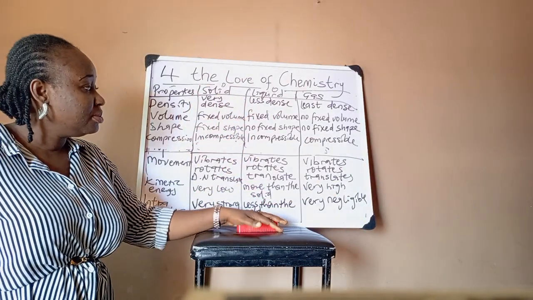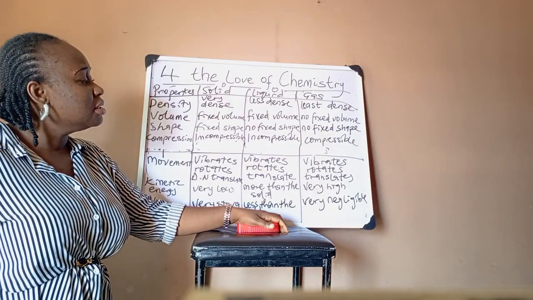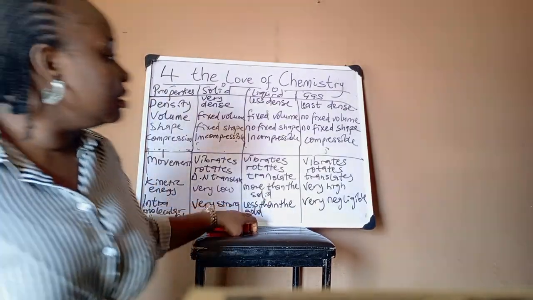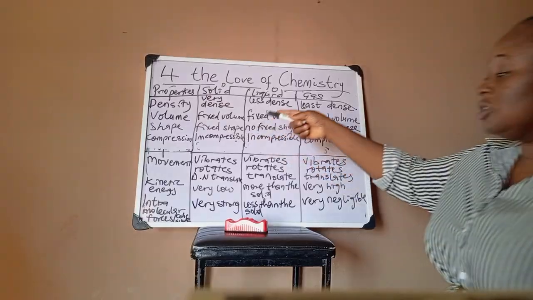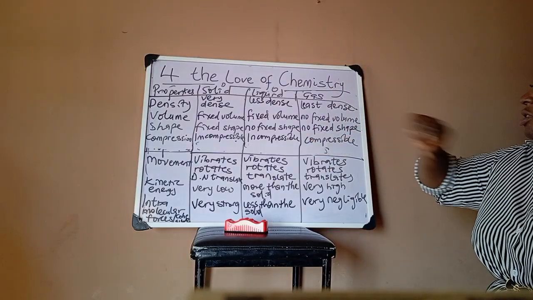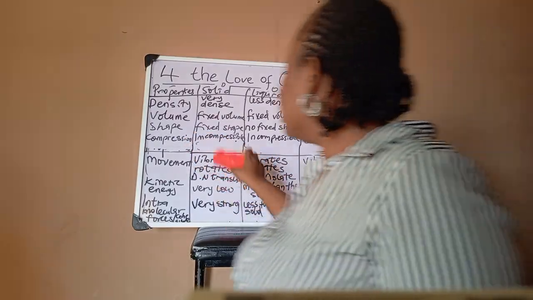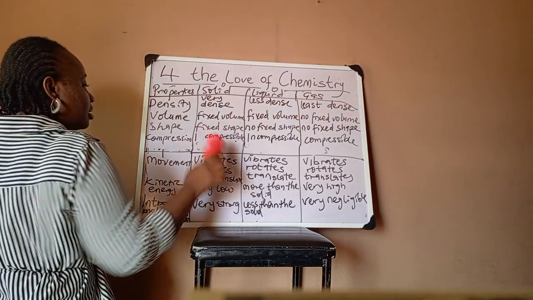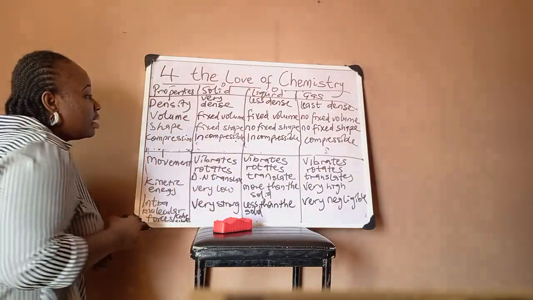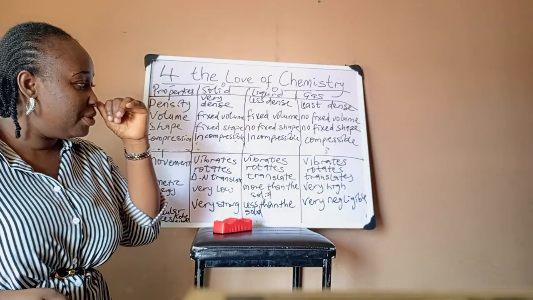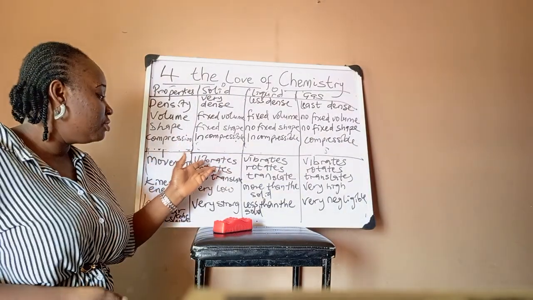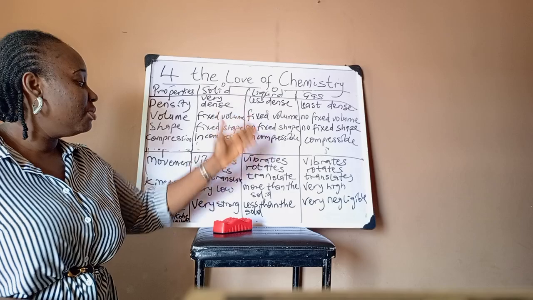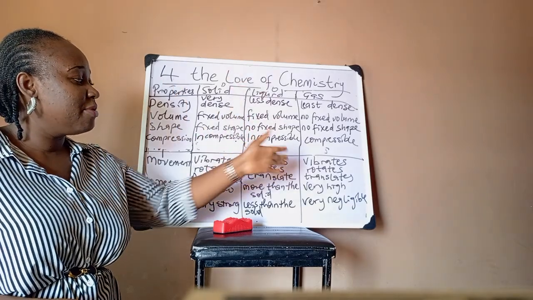Then the liquid has a fixed volume, and then the gas has no fixed volume. The shape: the solid has fixed shape, the liquid has no fixed shape, and the gas has no fixed shape. Compression: the solid is incompressible, the liquid is incompressible, while the gas is compressible. Movement: the solid vibrates, rotates, does not translate. Liquid vibrates, rotates, translates. Gas vibrates, rotates, translates.